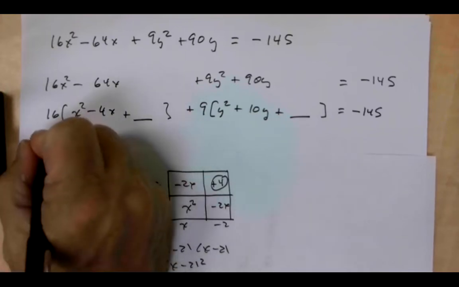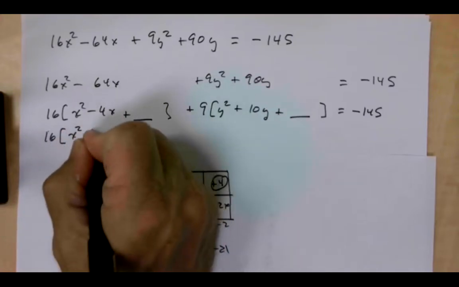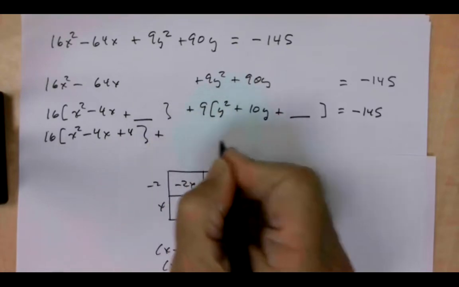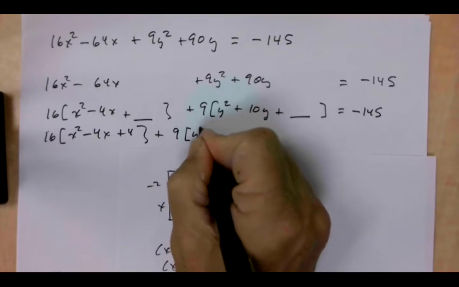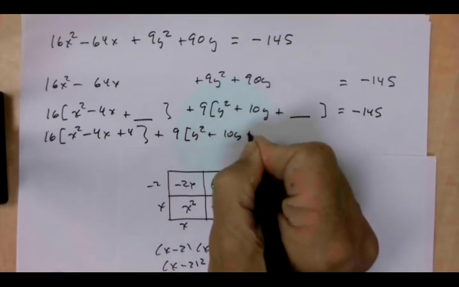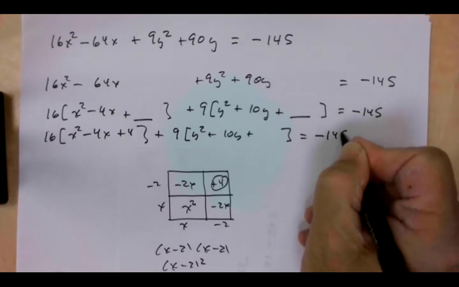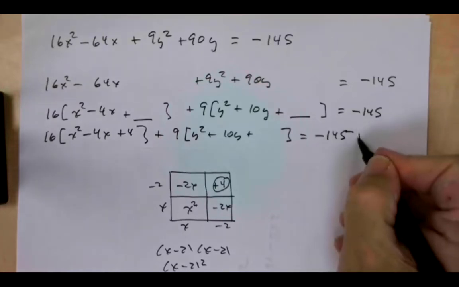So the left-hand side is going to become 16 times x squared minus 4x plus 4. Now, how much did I add to the left side? We have to balance this.